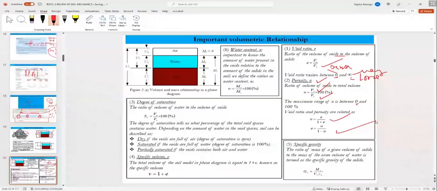Let's define another thing, the degree of saturation. It is the ratio of the volume of water to the volume of void spaces.